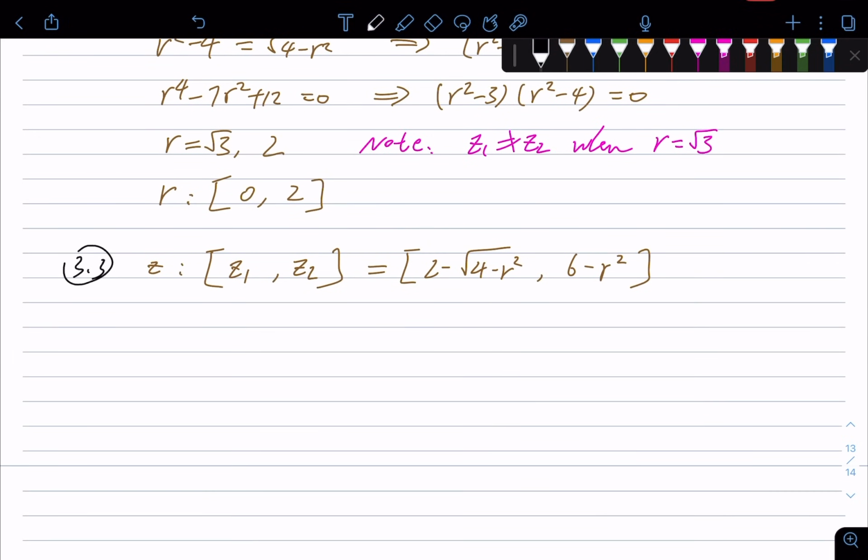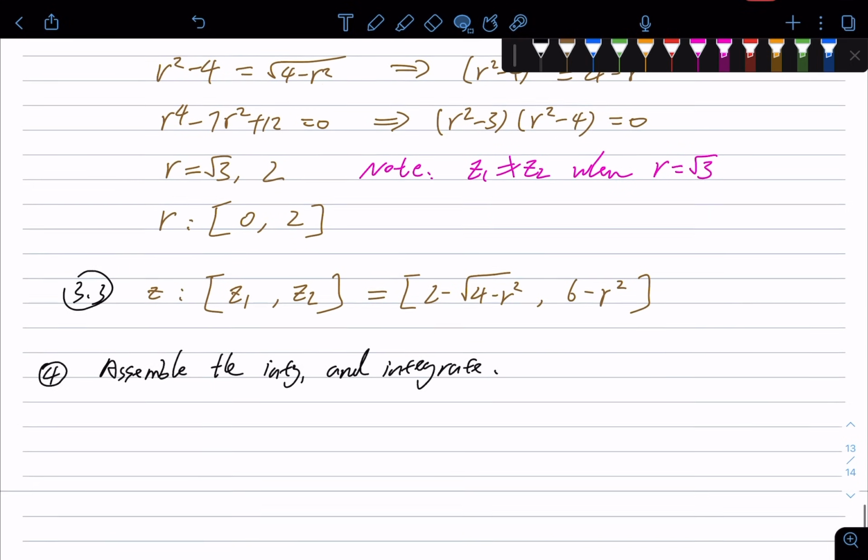And now the final step: assemble the integral, then integrate. Okay? Step 4 right here.